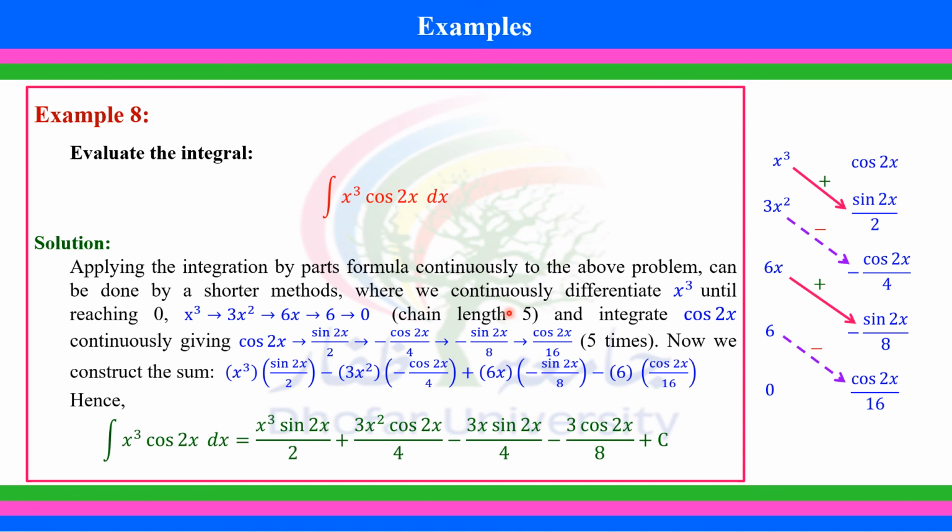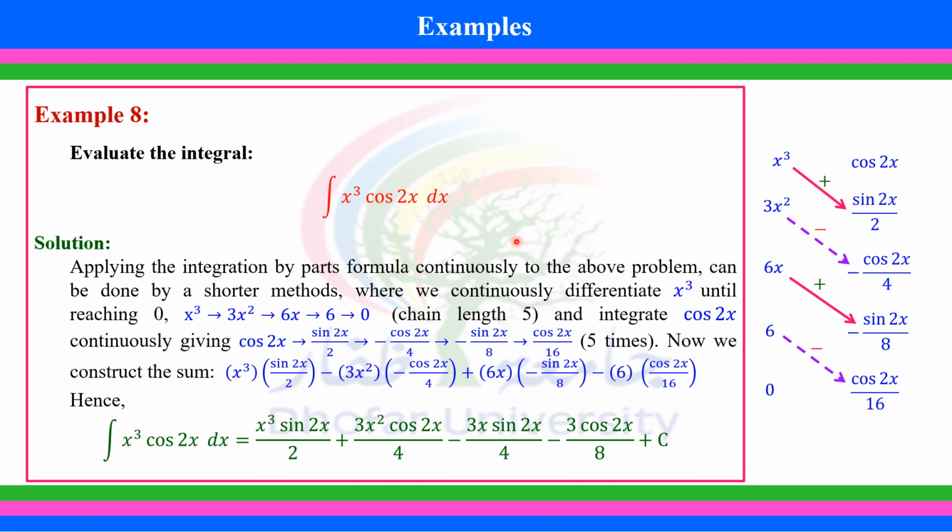We explain the same method again through evaluating the integral of x cubed cosine 2x with respect to x. And we see that since x cubed is a polynomial, that means its fourth derivative is 0. So if we start by x cubed, we find its derivative, which is 3x squared. And then the second derivative is 6x, the third derivative is 6, and the fourth derivative is 0.